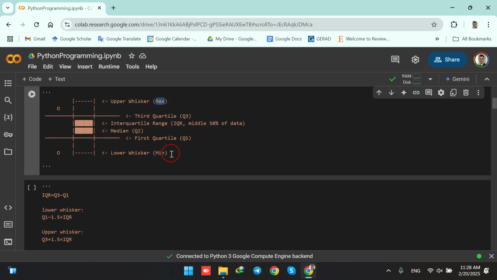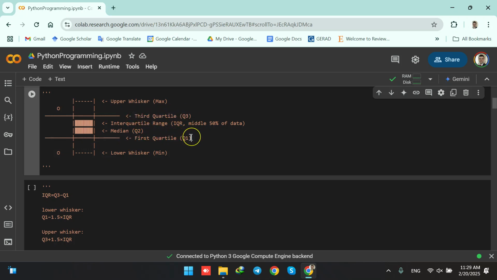But how can we calculate the lower whisker and upper whisker? In order to calculate them, there is a formula. We are going to have Q1 here, the first quartile, the second quartile, and the third quartile in a box plot. So the first quartile is here, and this is the third quartile.